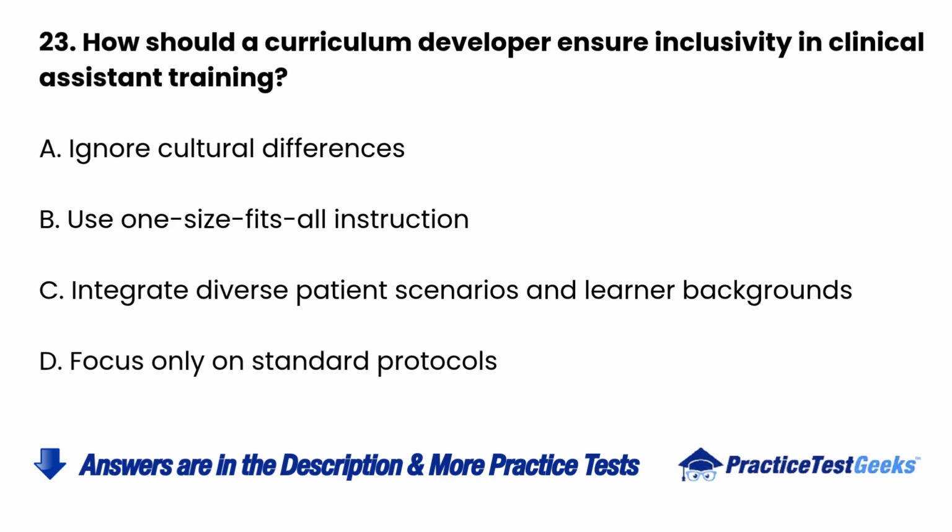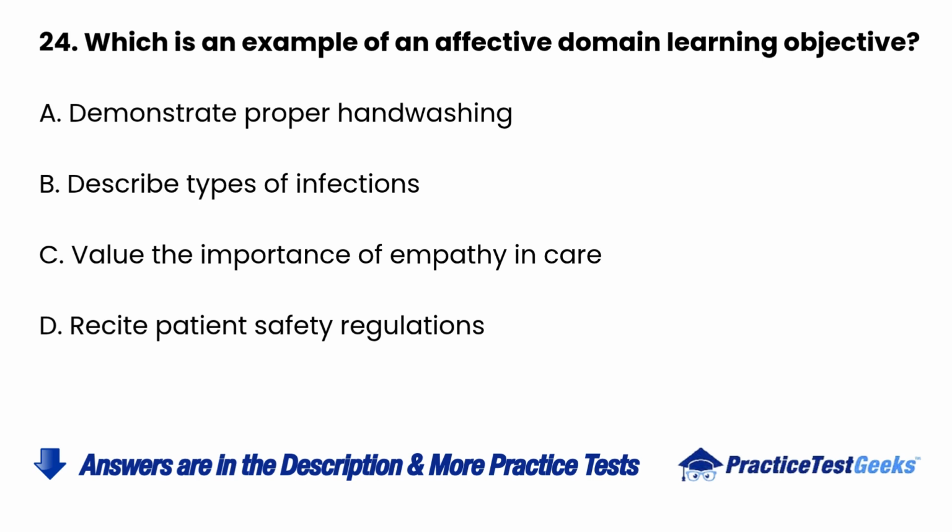D. Focus only on standard protocols. 24. Which is an example of an effective affective domain learning objective? A. Demonstrate proper hand washing. B. Describe types of infections. C. Value the importance of empathy in care. D. Recite patient safety regulations.